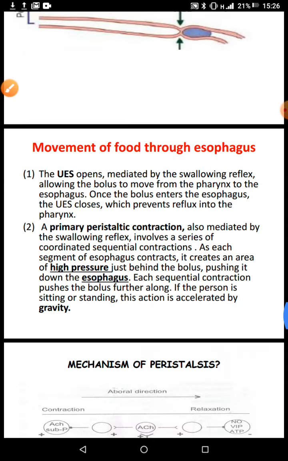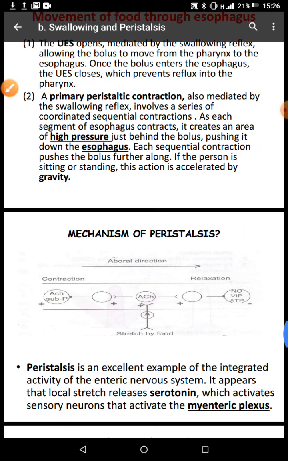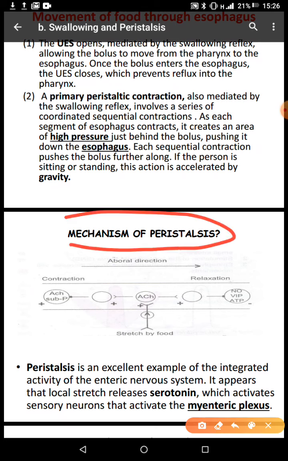Okay. So what's the mechanism of peristalsis? Peristalsis is a reflex. What is the stimulus? The stimulus is a stretch by food. When food is in the GIT, it stretches, and then we have mechanoreceptors or stretch receptors all over the GIT. They become activated.